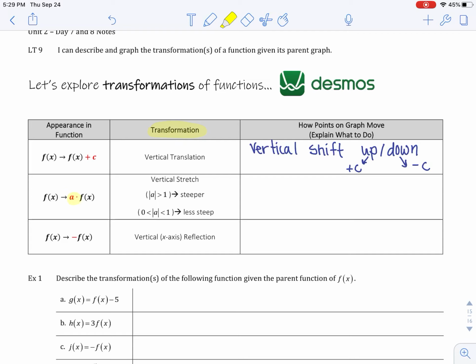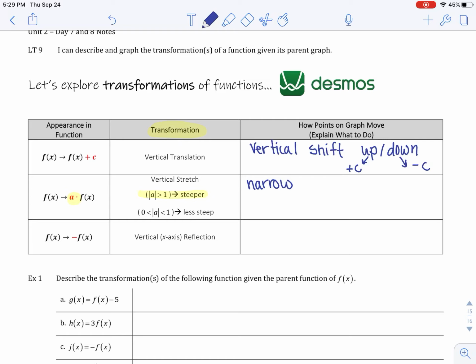The way I remember this is in the beginning of a day, I like to stretch. So all my stretches are in the front.